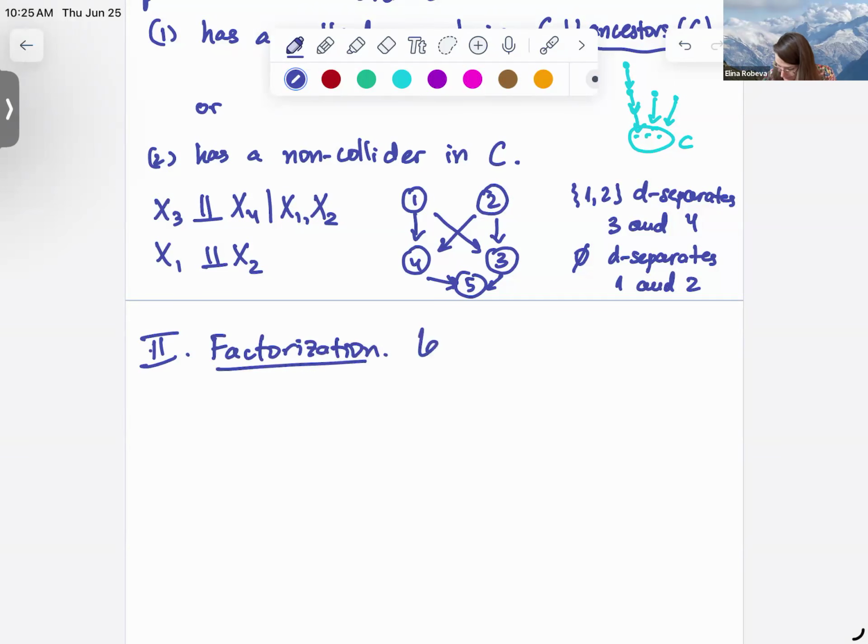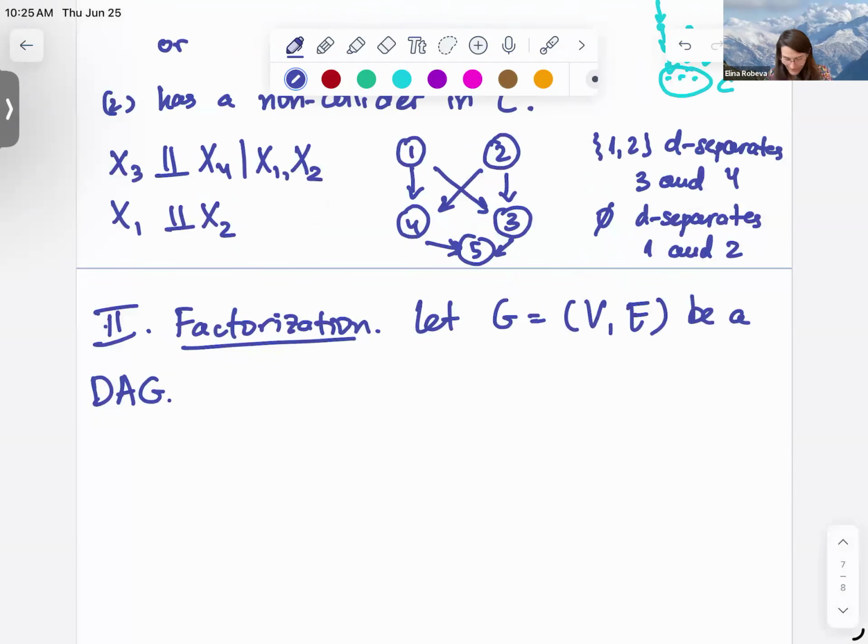Okay, so let G be a DAG, a directed acyclic graph. Again, assume that the vertices are the numbers from 1 through n.